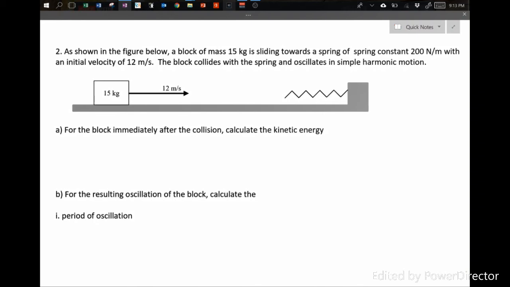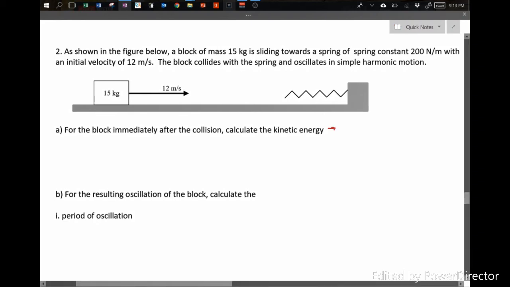So, after the collision, there is no change in speed, no change in kinetic energy of the block. Because the spring is not compressed yet.